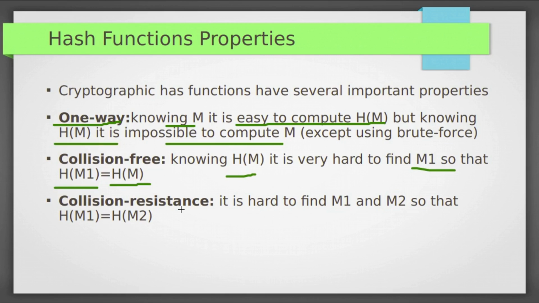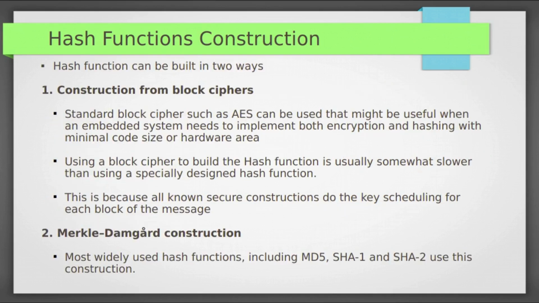It should be hard to find two different inputs of any length that produce the same hash value, meaning finding messages M1 and M2 such that h of M1 equals h of M2. It is hard.